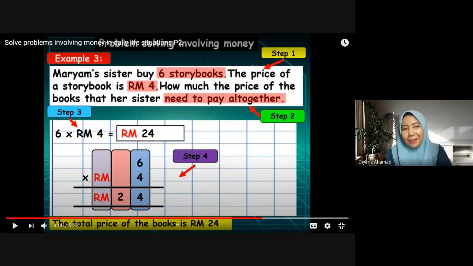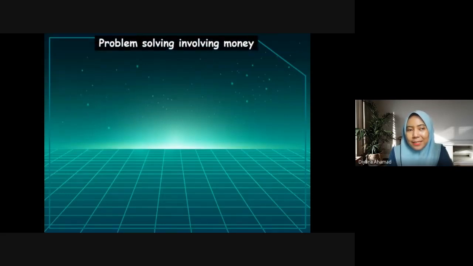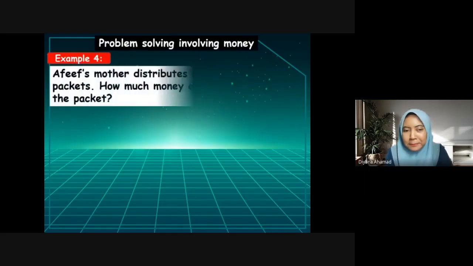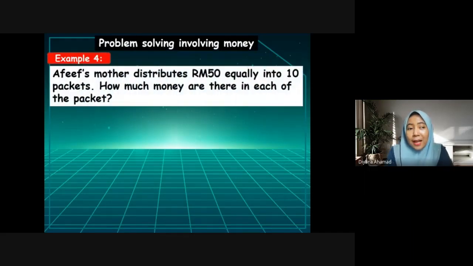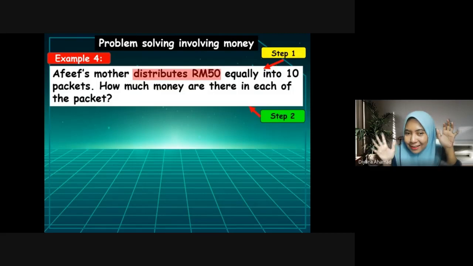Alright. Now, we go to the next problem solving. Okay? Alright. So, the example number 4. Example number 4 is... Okay, we see what teacher give to you. Afif's mother distribute 50 ringgit equally into 10 packets.